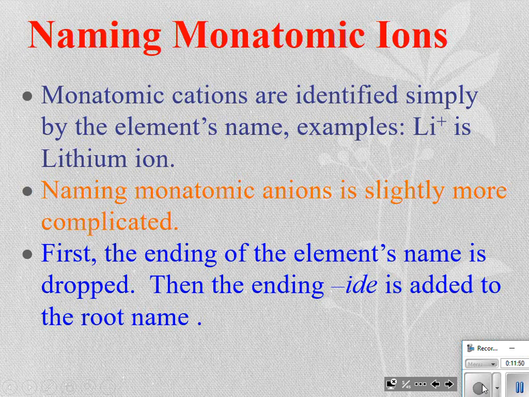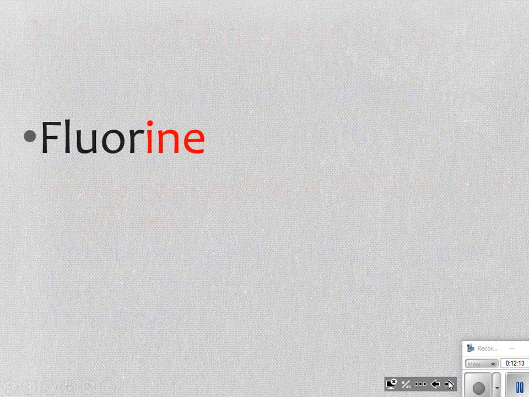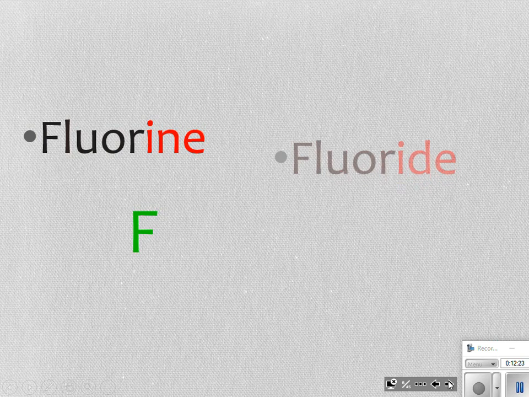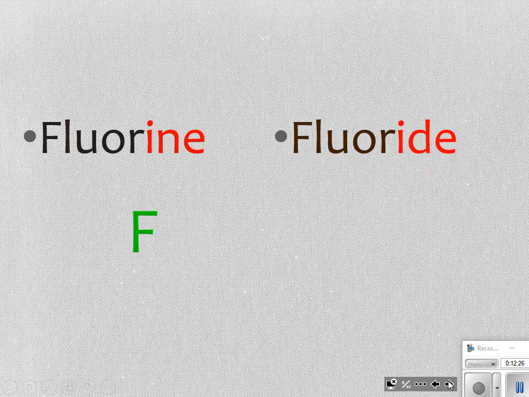All right? Now, when we talk about those anions, when we're naming them, we have the element and we put a special ending on it, an IDE ending. So, if I am looking at fluorine, I drop the INE and I get fluoride.